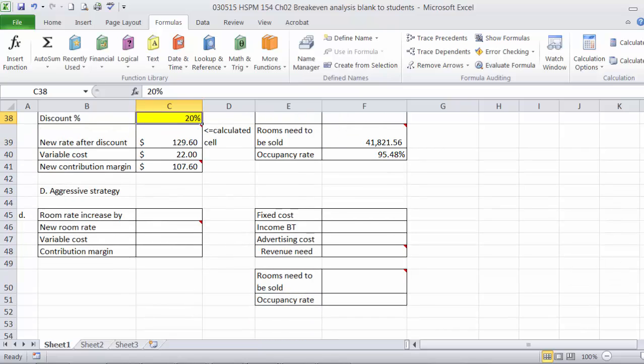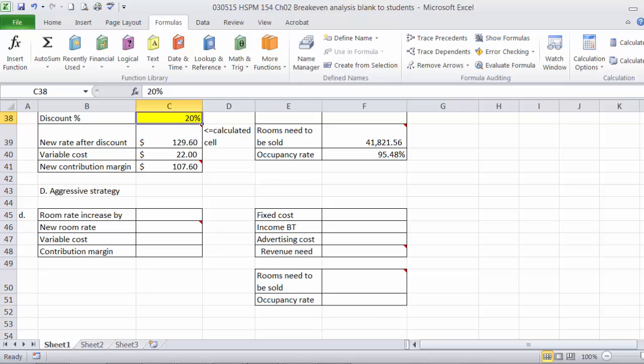Okay, the next part, part E. What if we take a more aggressive strategy? So the operating income still stays the same, and the fixed cost stays the same.